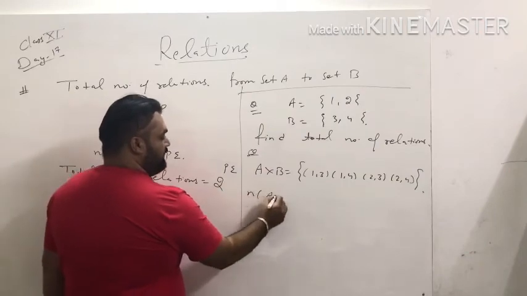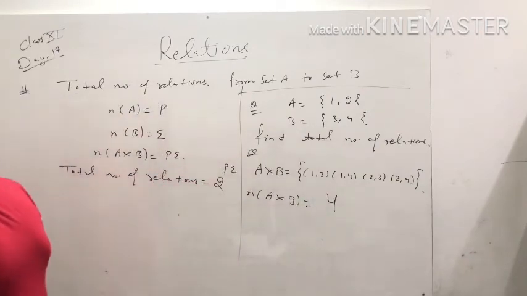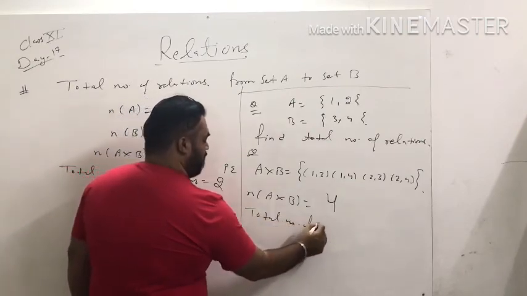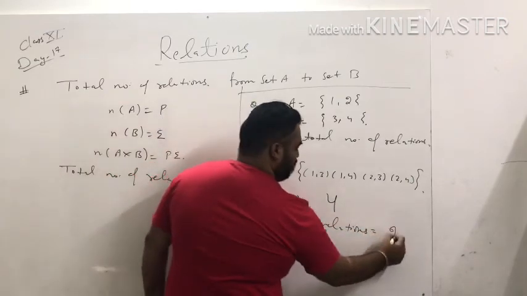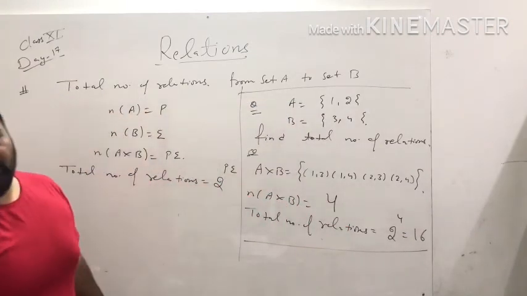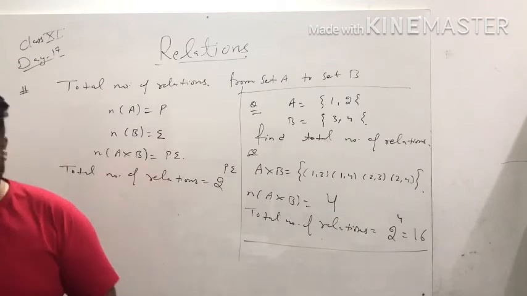So the number of elements in A cross B is 4. Now the total number of relations is 2 raised to the power 4, which equals 16. In this way we can find the total number of relations.